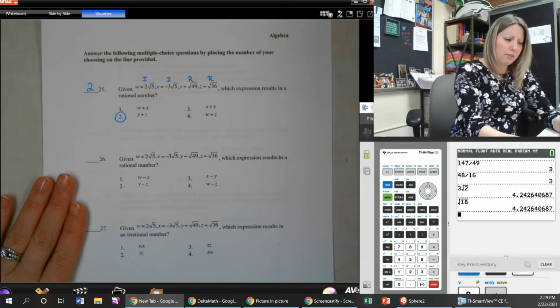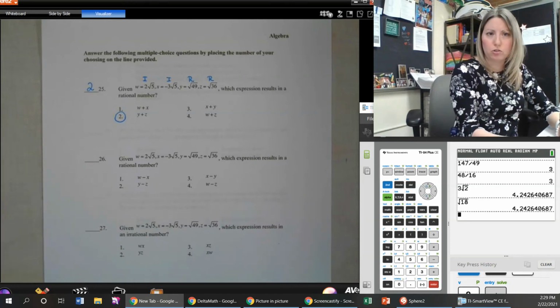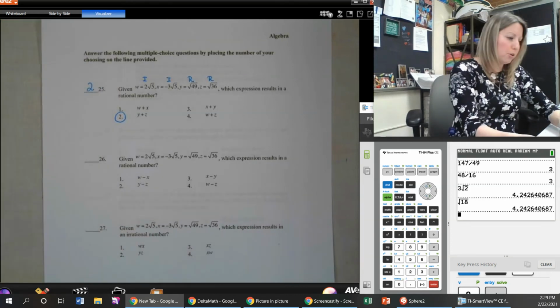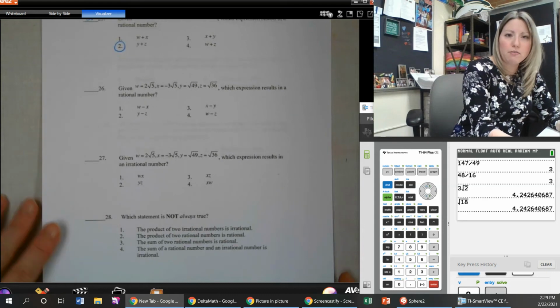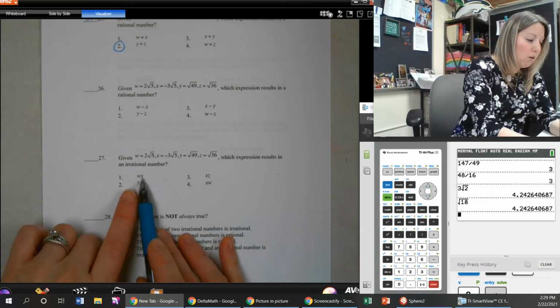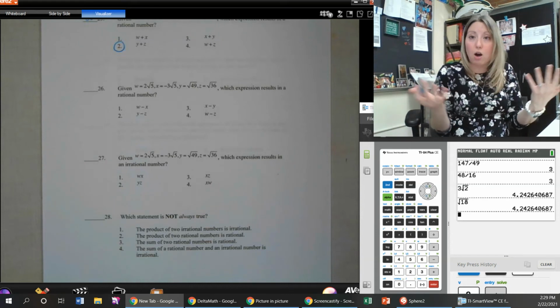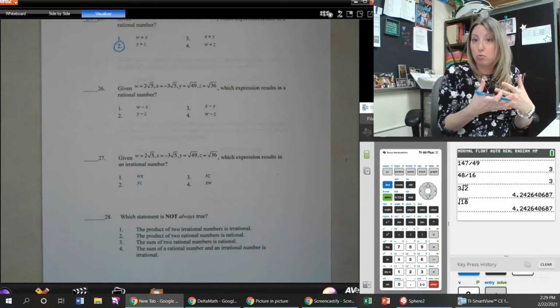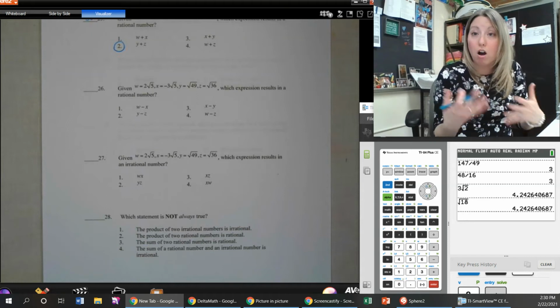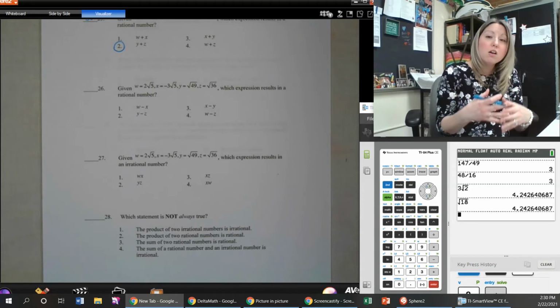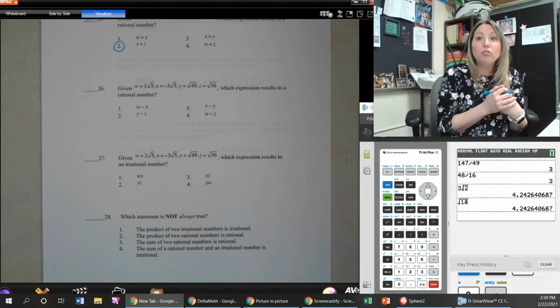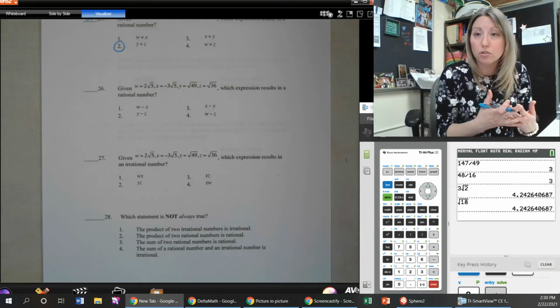Let me just do 27. I'll leave you 26 because it matches so closely to number 25. But number 27 is multiplying. If I look at all my choices, they're all touching without any sort of sign in between. So that's indicating multiplication of those variables. So when it comes to multiplication, you kind of have to be careful about what's under the radical.